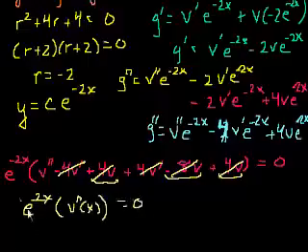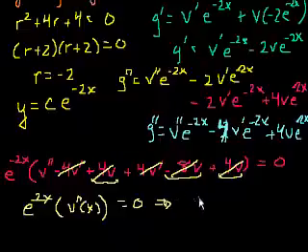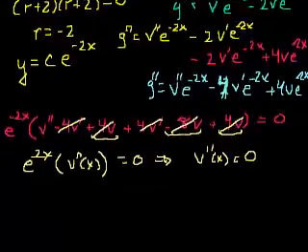We know e to the minus 2x can never equal 0, so we have established that this expression has to be equal to 0, and we get a separable second order differential equation. The second derivative of v with respect to x is equal to 0. So now we just have to antidifferentiate both sides of this equation twice.